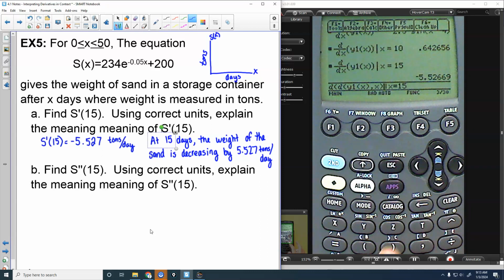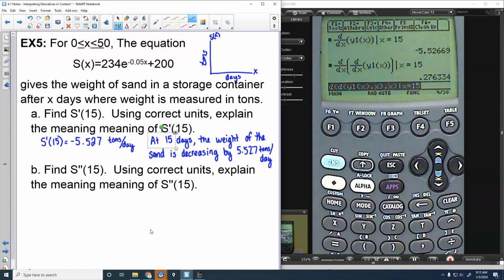And then I need to put another comma x and another parentheses here. So I've got derivative of the derivative of y1 of x, comma x, close your parentheses, comma x, close your parentheses. Your such that x equals 15 still needs to be on the very end. If you put it before that, it's going to plug it in and you'll just get 0. And I think this is going to work. I might should hit enter.